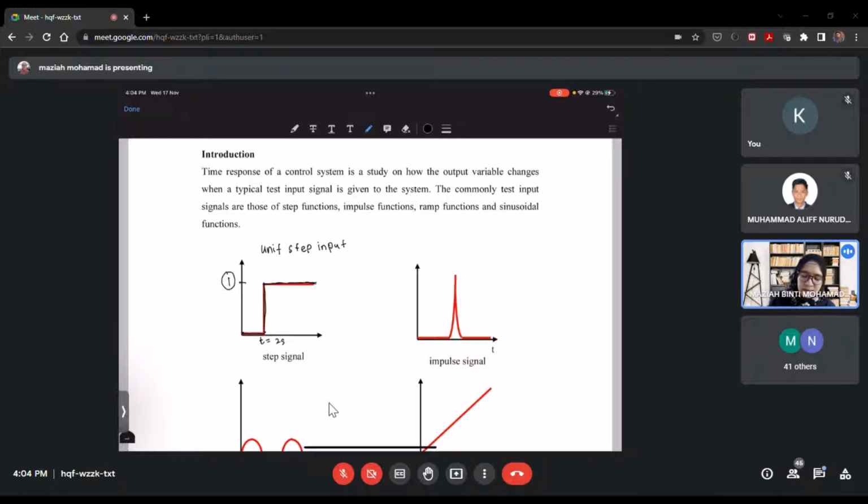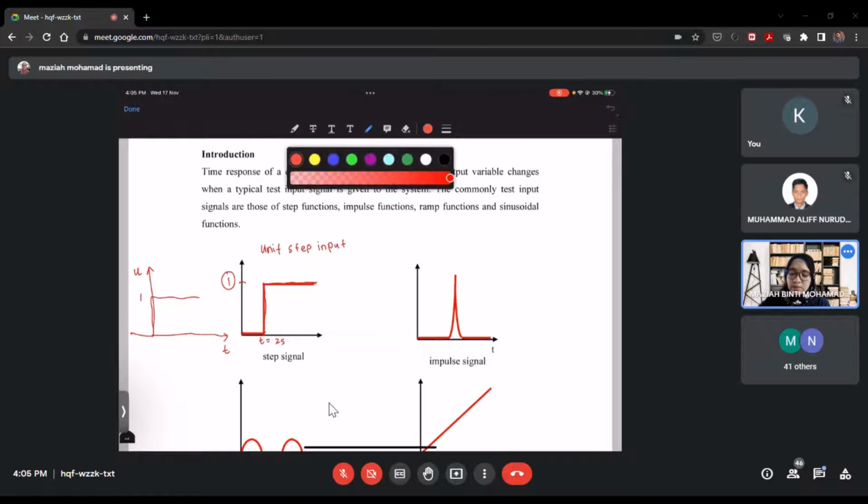Sometimes you may also see the x-axis is time and the y-axis is u. U normally represents the input signal. Start at 0, this is also unit step input.